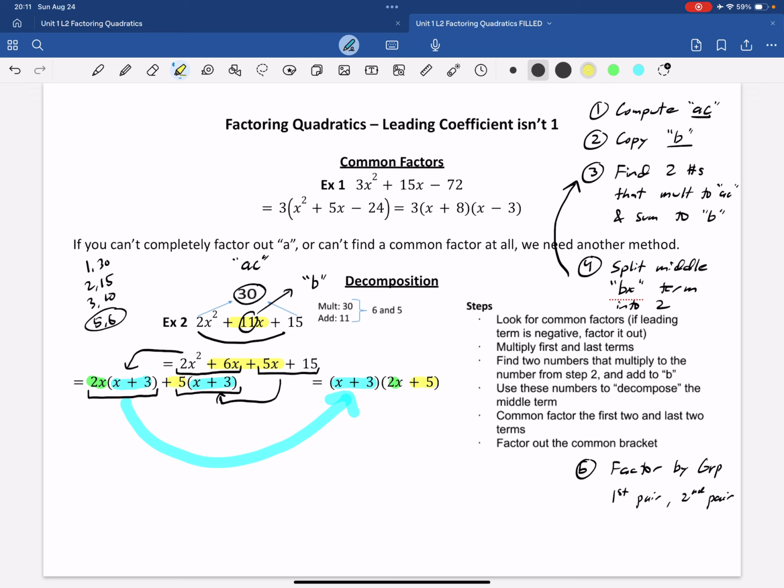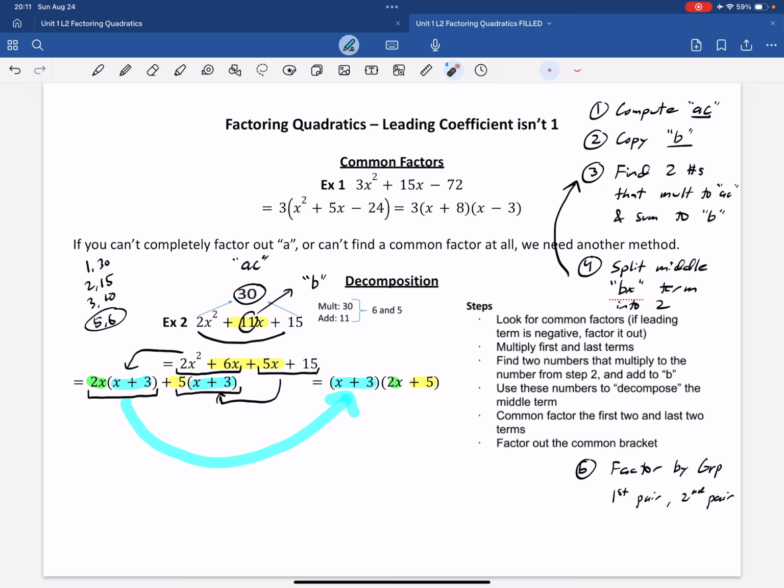The cool thing about this is it always works, and you can do it with any sort of form. If in this step you don't get a set of terms that produce your b, the expression is not factorable.